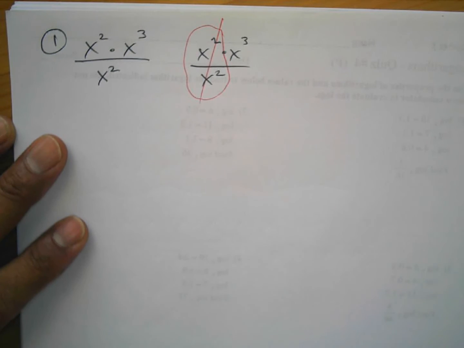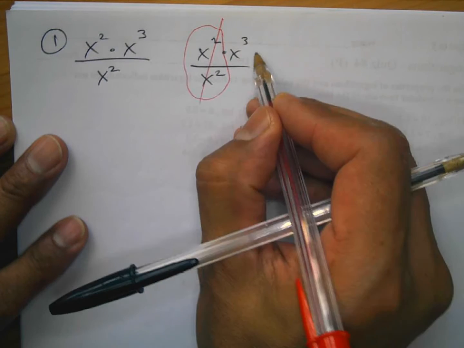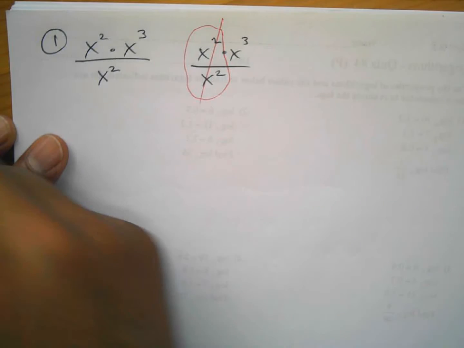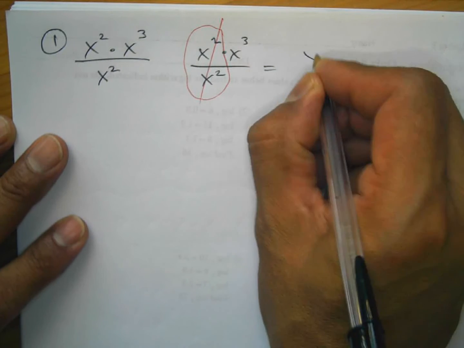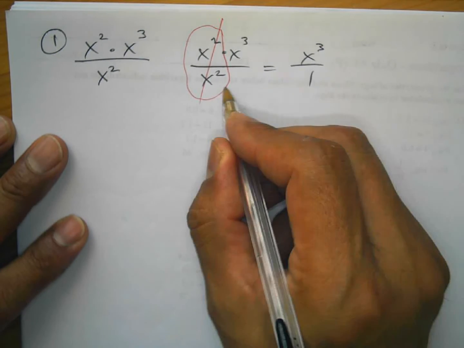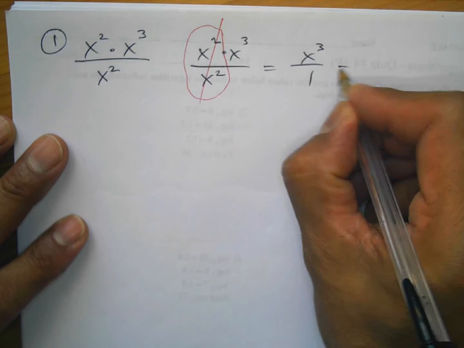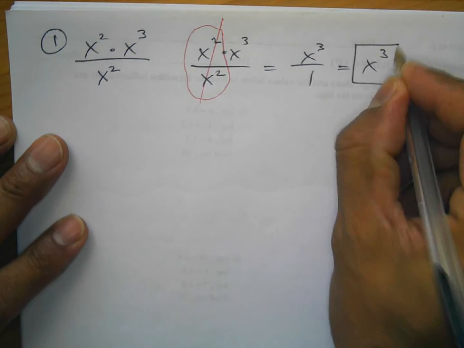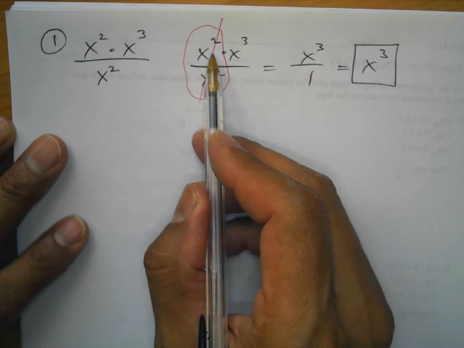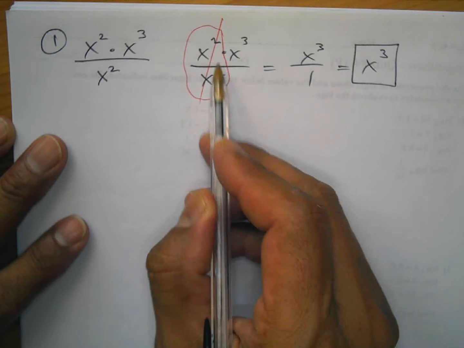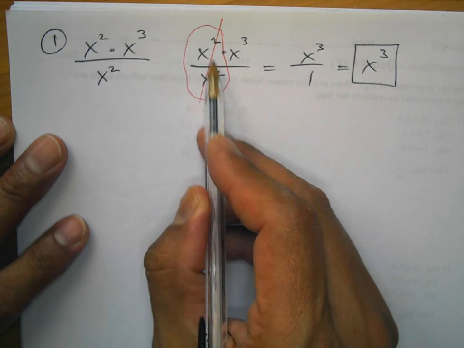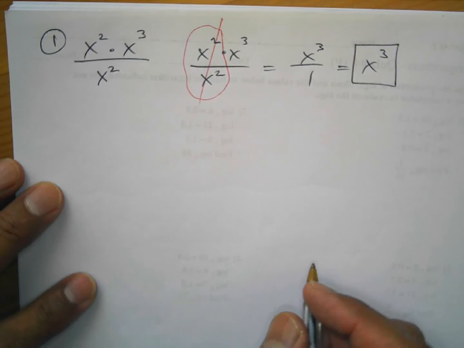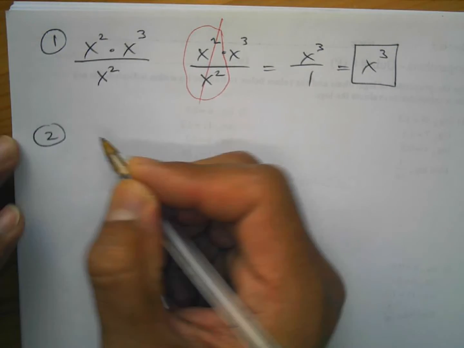Or we could just say they divide out. And 1 times this x^3, well, you're just going to be left with x^3 over 1. Well, when the ones on the bottom, nothing's left, the answer is just x^3. See, we're going to try to get the same amount to match on the top and the bottom, and they divide out. Let's look at a similar problem.